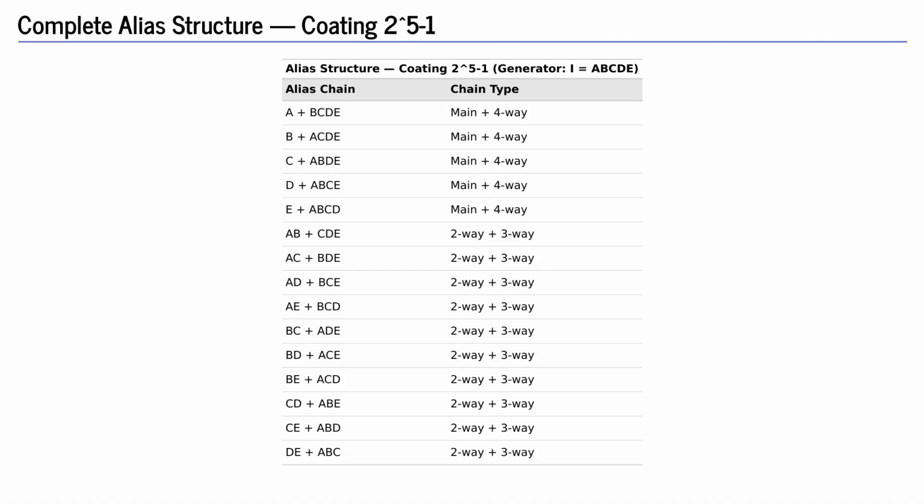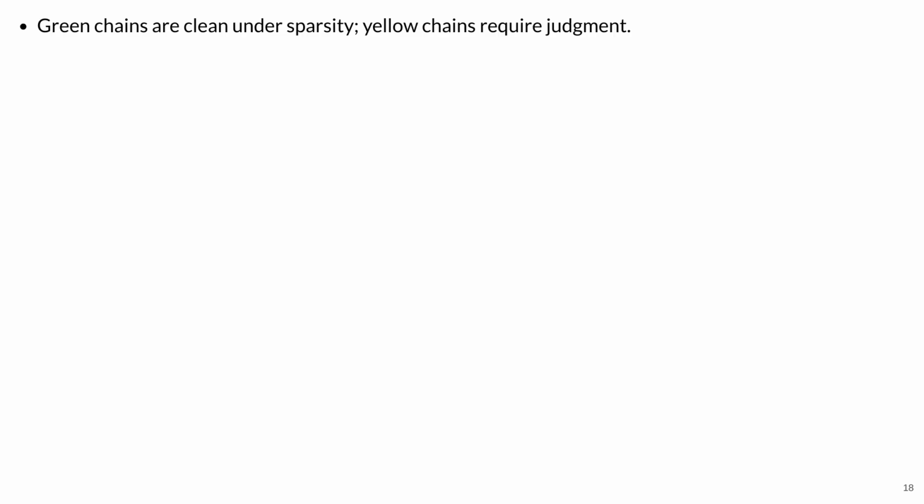For 2-ways aliased with other 2-ways, which does not occur in our Resolution 5 coding design but does occur in lower resolution designs, you must report the ambiguity honestly, and if the chain is large, recommend follow-up runs to resolve it. Now let us estimate the effects from the actual coding data.